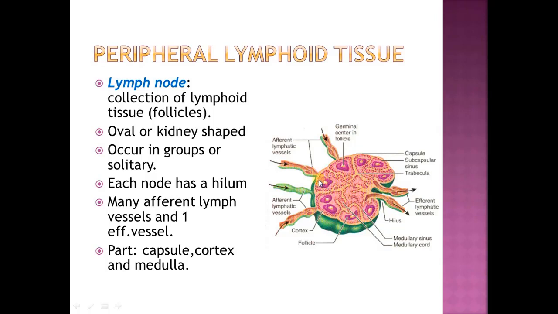Then they move out and are present in the subcapsular sinus, and from there, through the efferent lymph vessels, they enter the circulation. So that is the structure of a lymph node. Inside the lymph node you see a collection of lymphoid follicles. Each follicle has a pale germinal center, which is the site of active production of B lymphocytes.